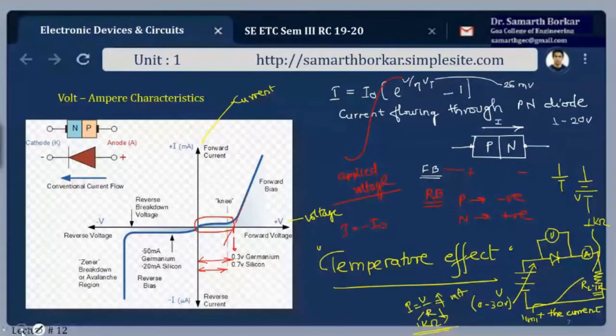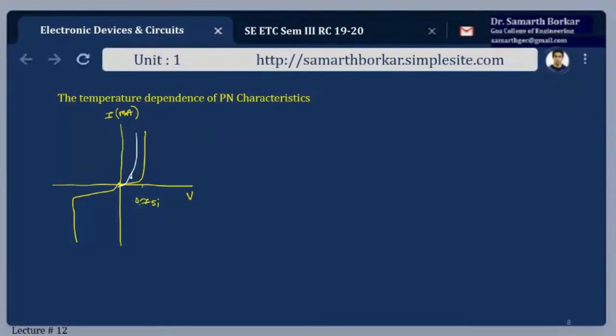The temperature dependence of PN characteristics. Germanium, forward characteristic. This is called reverse characteristics. What we are interested in is knowing the effect of temperature on both the forward characteristics as well as reverse characteristics. This is reverse and this is forward.